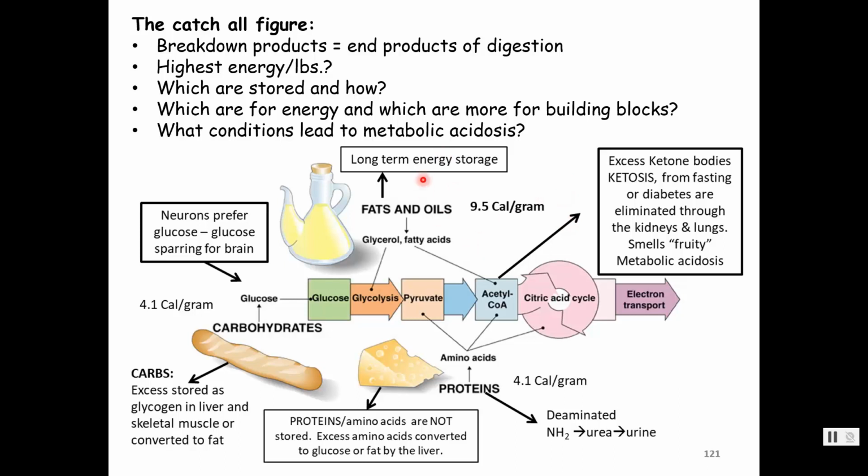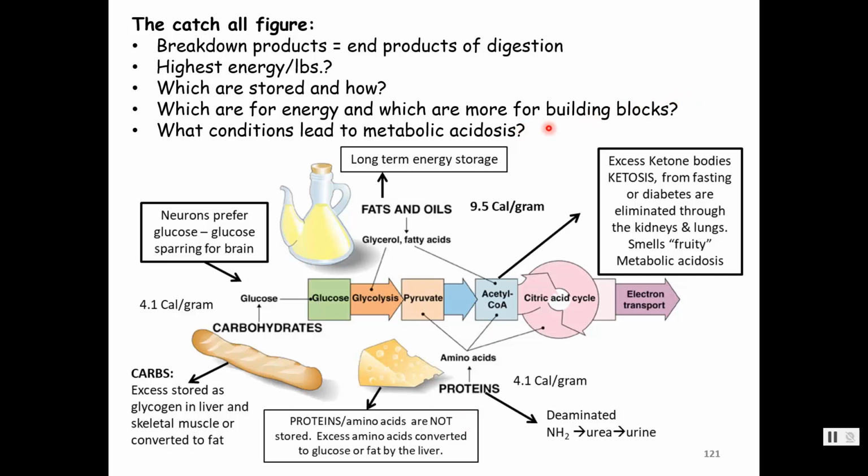Triglycerides, long-term energy storage. Glucose can be stored as glycogen in liver and skeletal muscle, or it can be converted to fat. Excess amino acids are converted to glucose or fat by the liver. They are not stored. Which are for energy and which are more for building blocks? Carbs and fats are more for energy, and amino acids are more for building blocks.